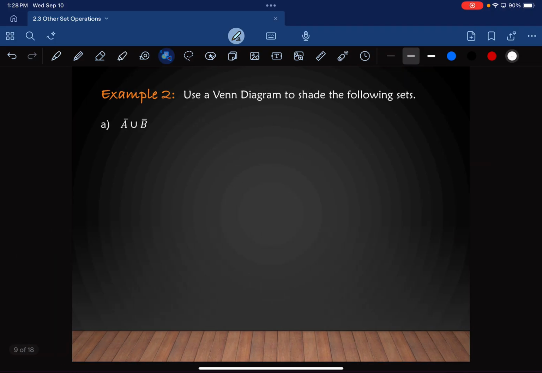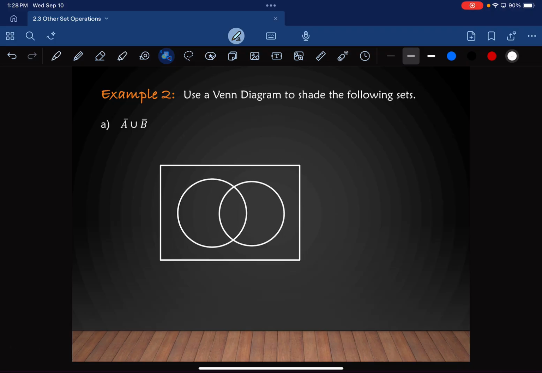All right, so the first one has 2 circles to draw, and those circles are A and B with the universal set here outside. It always looks like this. Now, with this particular example, you could probably reason your way through and figure out what you're going to shade without doing what I'm about to do. I understand that.